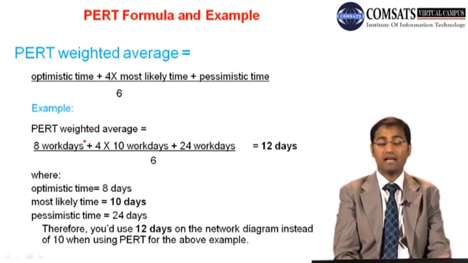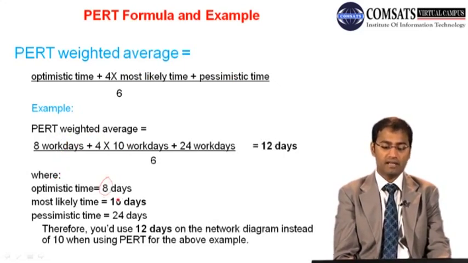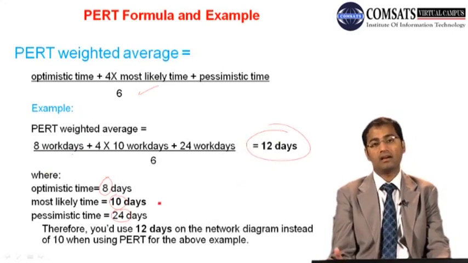So that is the PERT weighted average. Let's say one example, if we have an optimistic value of 8 days, most likely 10 days, and pessimistic 24 days, then we put these values in this formula and we get 12 days. Hence, 12 days will be the probable duration of one activity.